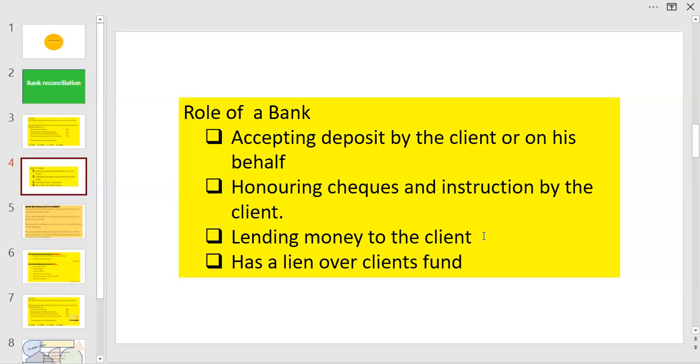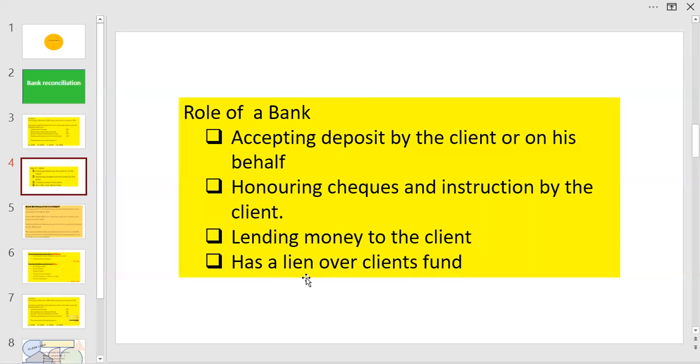But since it has the function of lending money, sometimes it can be a creditor, a liability. Fourth, they have a lien over our funds. That means they have the right to take whatever is due to them, either with our permission or without our permission, with our knowledge or without our knowledge. Example, taking bank charges from our accounts.